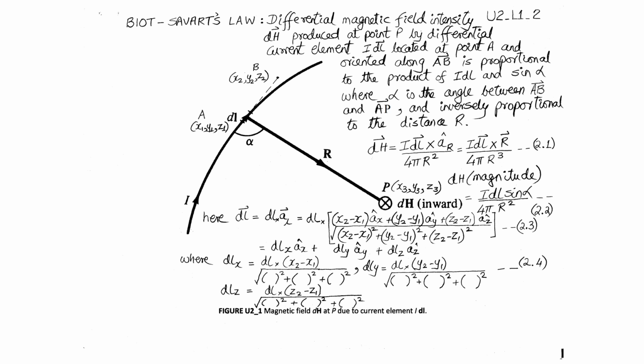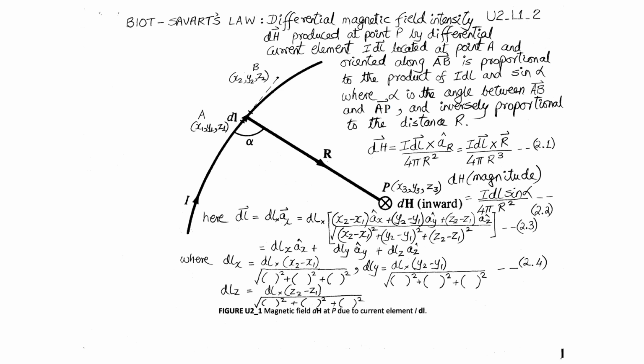This can also be stated as I dl vector cross r vector divided by 4 pi r cubed, since AR is given by r vector divided by r vector magnitude. Now the magnitude of dH is given in equation 2.2 as I dl sine alpha divided by 4 pi r squared.